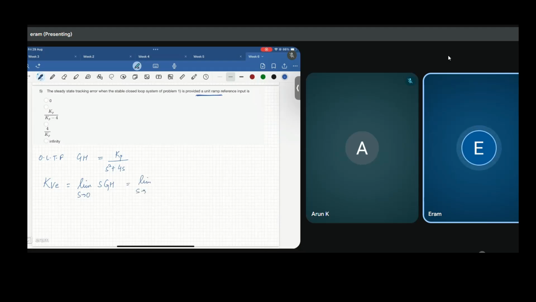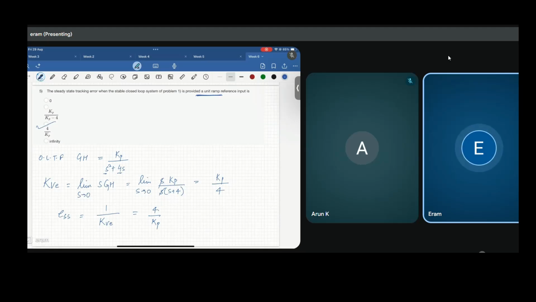So if we solve it, we will get s times Kp divided by, if we take s common from the denominator, s plus 4, and if we put s equals to 0, it will be Kp divided by 4. Okay, and as per definition, steady state error is nothing but 1 divided by Kv, which is 4 by Kp. So the correct option is third.